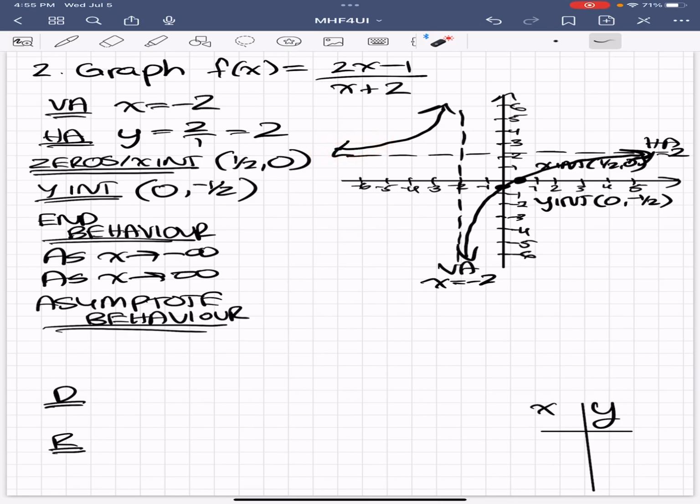So y approaches 2 above the HA. As x approaches infinity, the graph approaches the HA, but below the HA, so we're going to use a negative symbol.